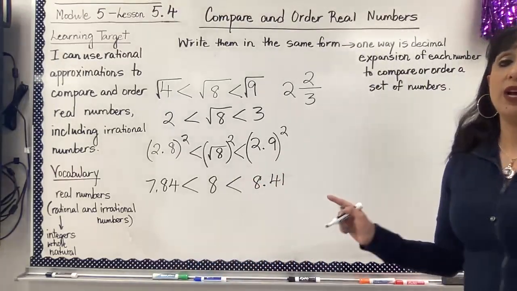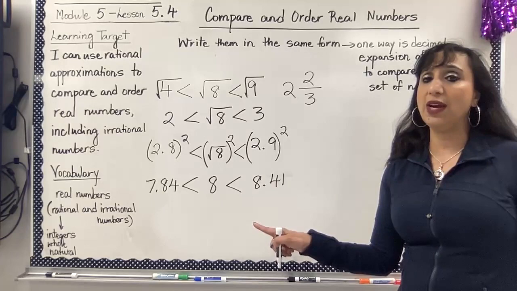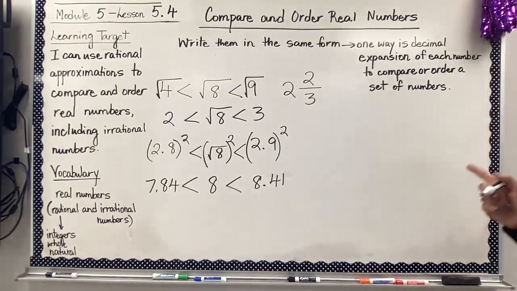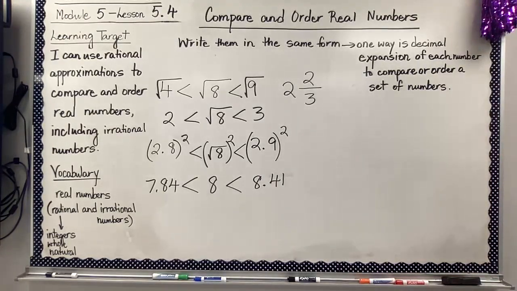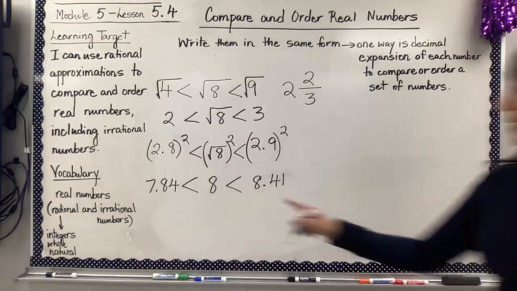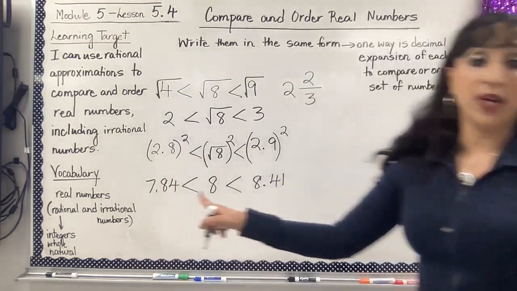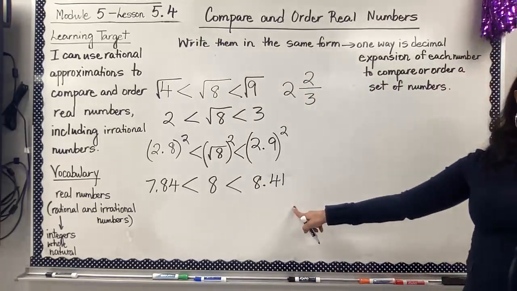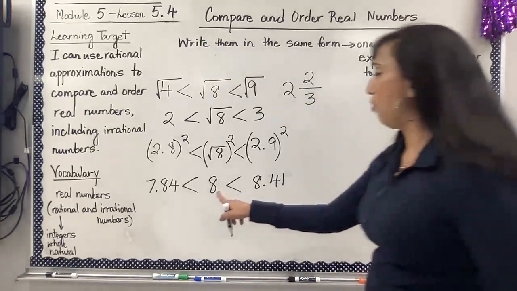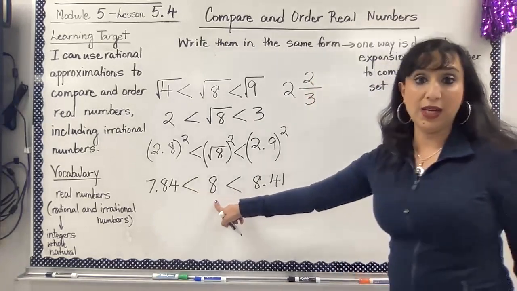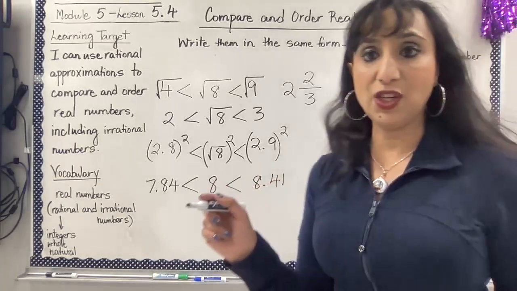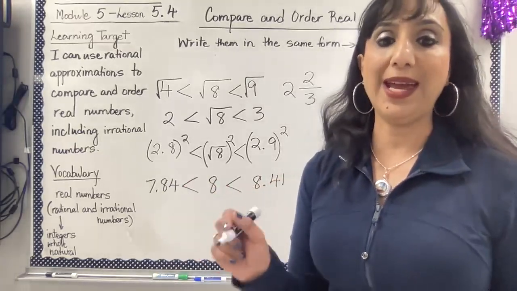Okay. So now I'm looking at 7 and 84/100, and then I am looking at 8 and 41/100. I can see that square root of 8 is going to be closer to this number compared to this number. Okay, so therefore we are going to say that this is going to be 2 and 8/10. Okay, so the approximation of that is going to be 2 and 8/10.